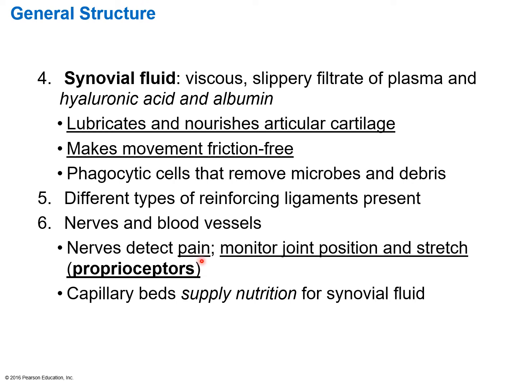Yeah, we have to know if we're feeling pain in our joints. Definitely want to know this type of receptor. This may be the first time we've talked about it. These are called proprioceptors. Proprioceptors we'll probably bring up again at some point. So proprioceptors are specific types of receptors, part of the nervous system, that are going to pick up information about where you are in space.